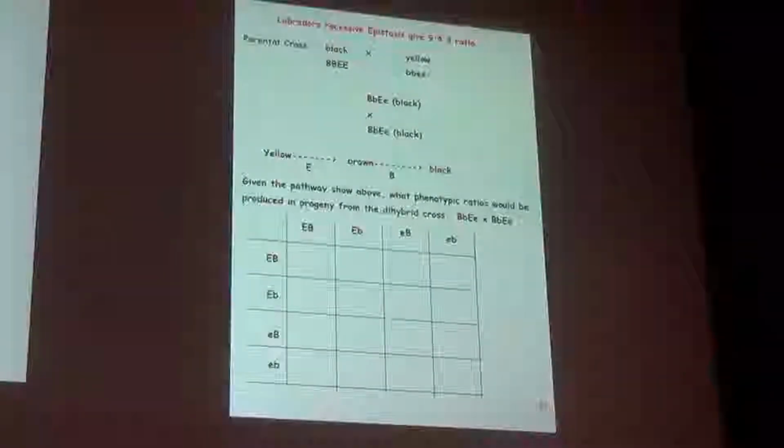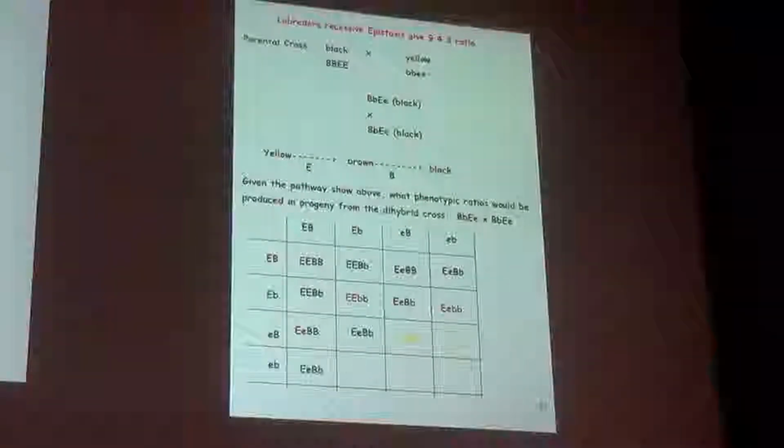Okay, so when we do this cross, this heterozygous black lab, big B, little b, big E, little e, will produce 4 kinds of gametes. And if you were to cross these, you would get labs in the color 9 blacks, 3 browns, and 4 yellows.